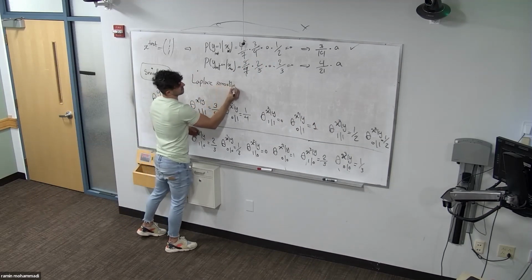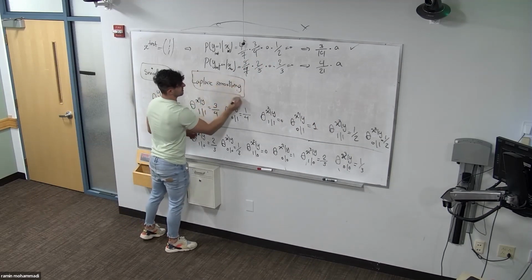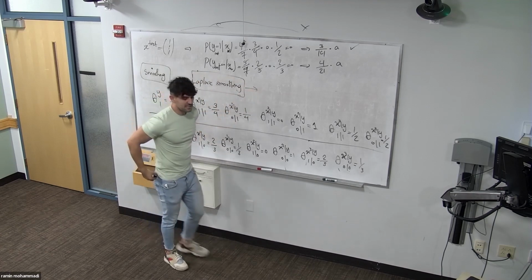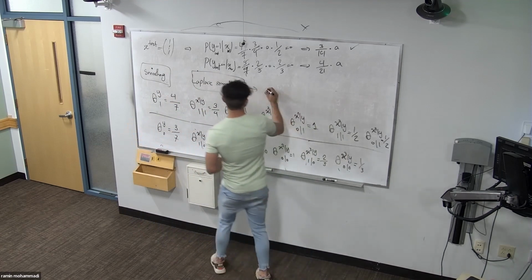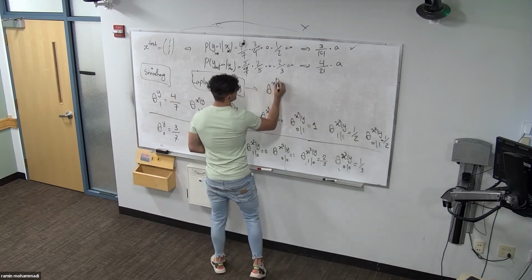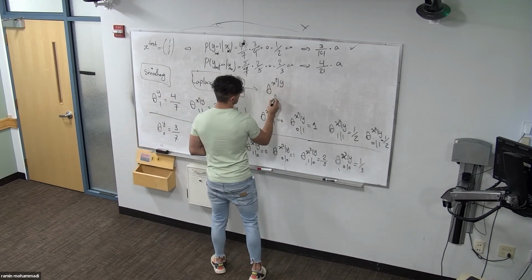It's well known, well accepted in the field. Laplace smoothing basically says that in order to find this theta for a given dimension, this is what we did, right?